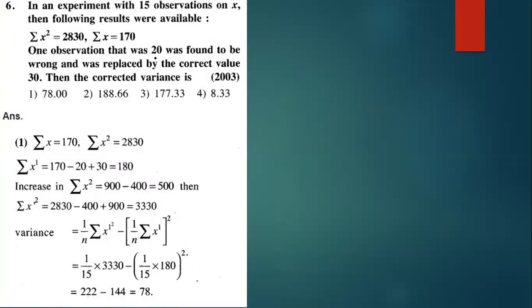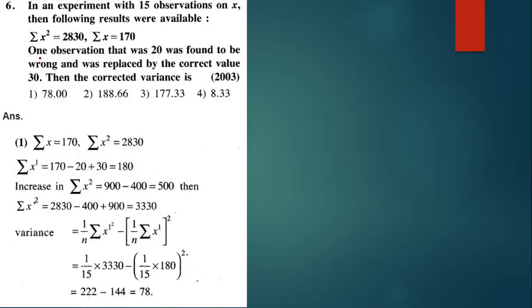It is not visible, just a minute. 15 observations. So sigma xi square is given as 2830, and sigma x is 170. Now, how do you approach this?